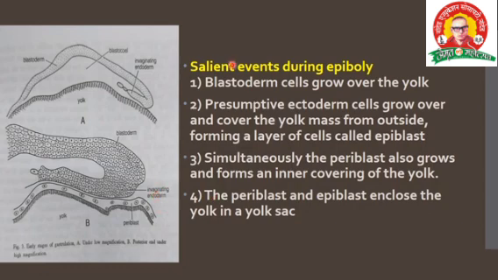Some events during the epiboly: blastoderm cells grow over the yolk. Prospective ectoderm cells grow over and cover the yolk mass from outside, forming a layer of cells called the epiblast.